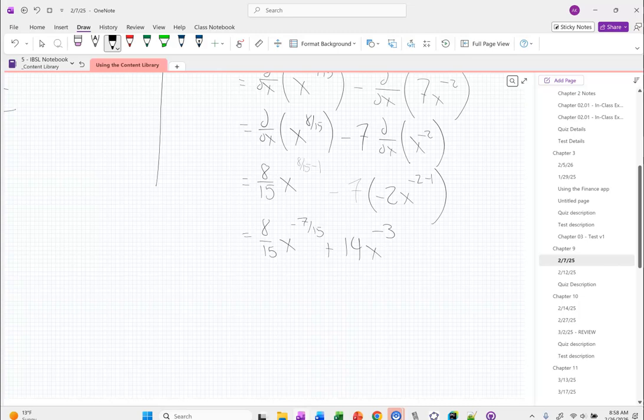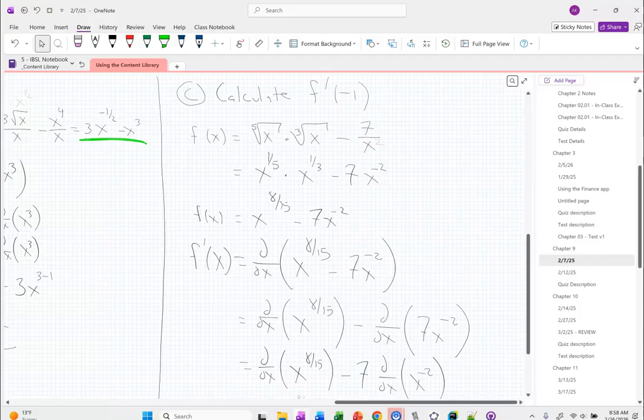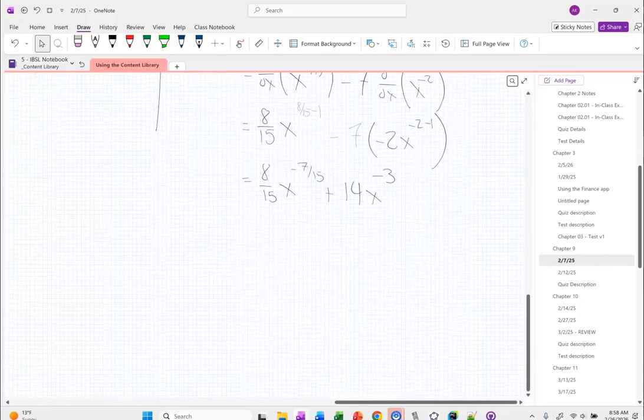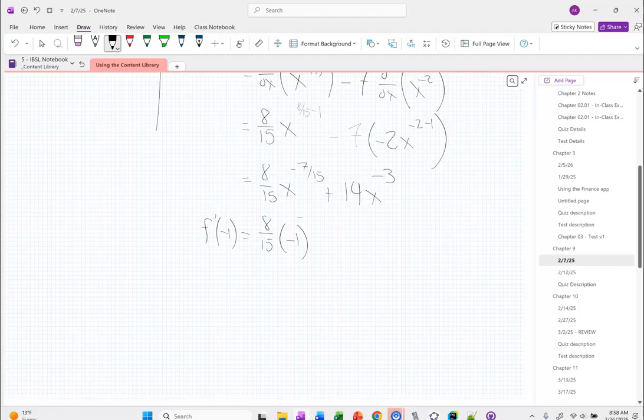But remember, this question asked for f prime of -1, right? So now I go back and I plug in -1 for x and I simplify.